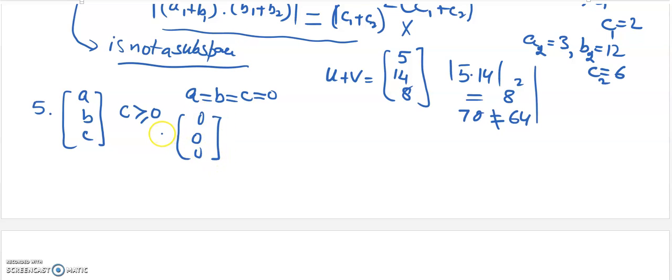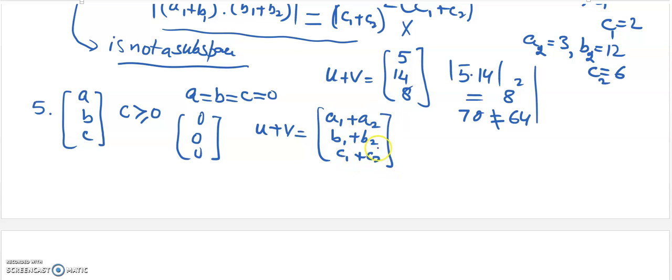That is no problem. Now if we take u plus v, as we have done before, if u is a1, b1, c1 and v is a2, b2, c2, then u plus v will be a1 plus a2, b1 plus b2, c1 plus c2. How can we check it?